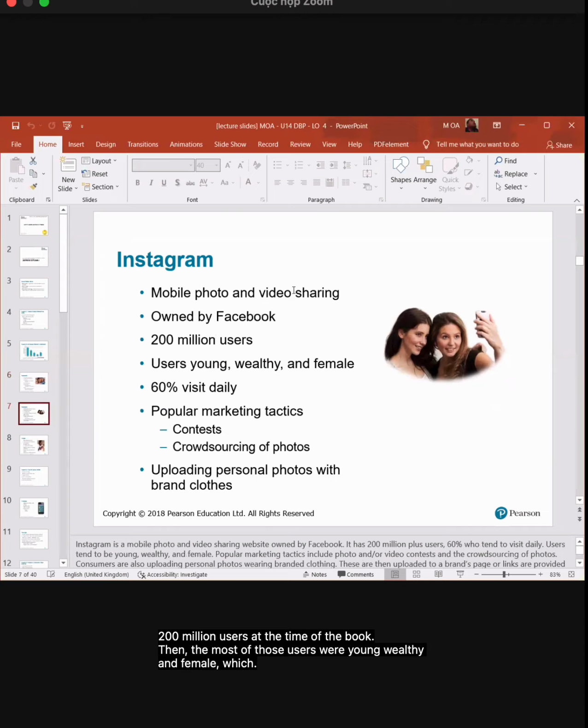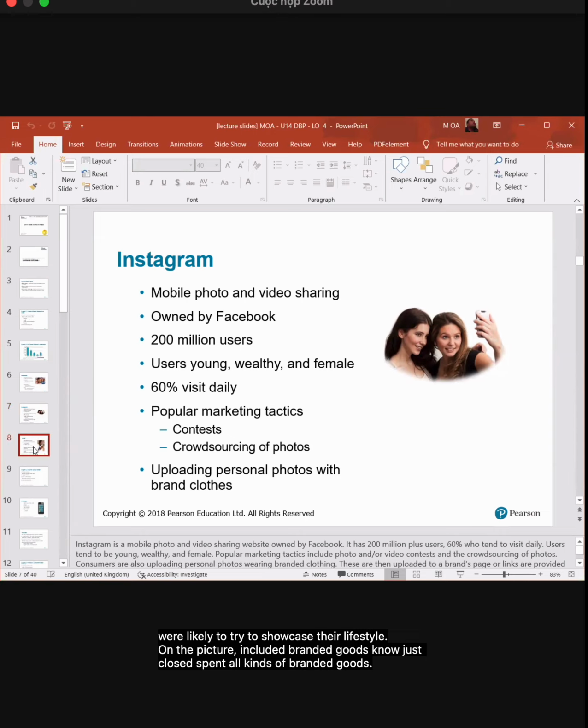Because of the type of users that they had, Instagram was very much used because people who were on Instagram were likely to try to showcase their lifestyle in pictures that included branded goods, not just clothes, but all kinds of branded goods.